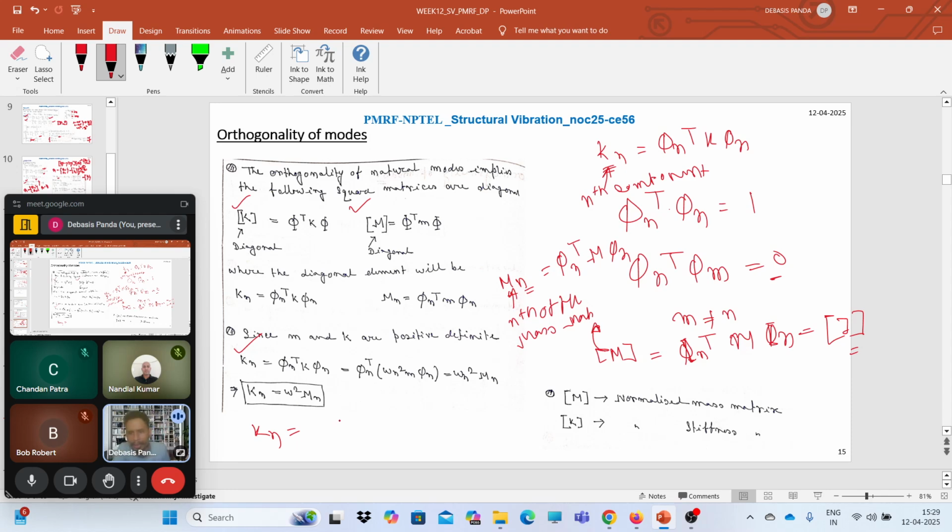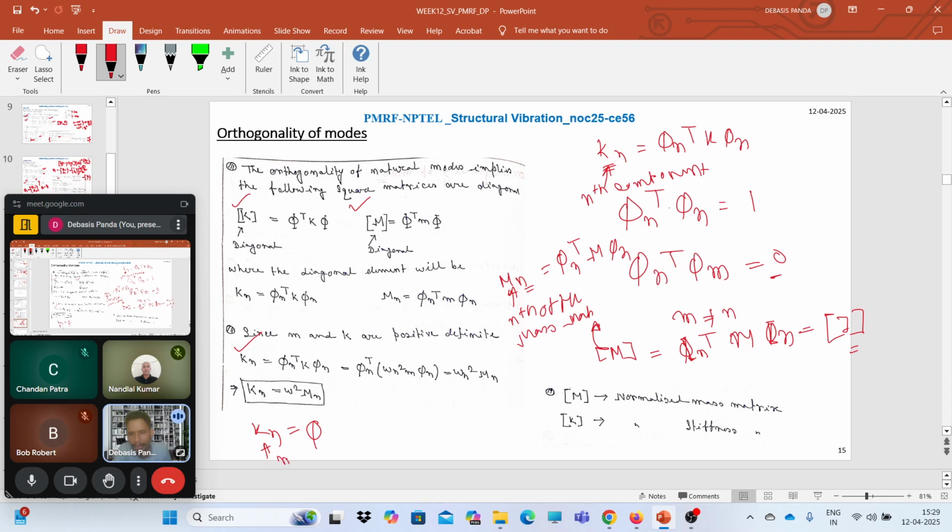So how can we find the nth element of the normalized stiffness matrix? Here we can say phi n transpose K phi n, right? And we know that K is nothing but omega square M. So ultimately we are left with Kn equals omega square Mn.